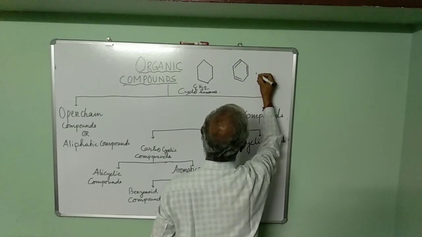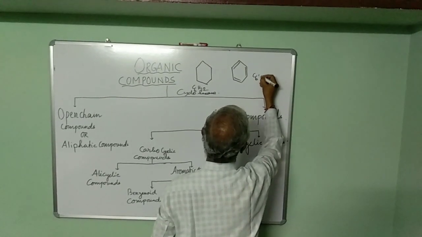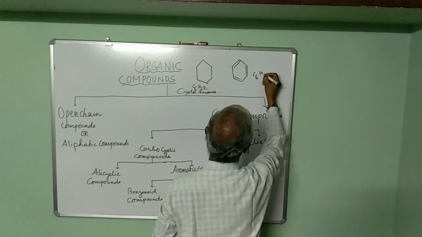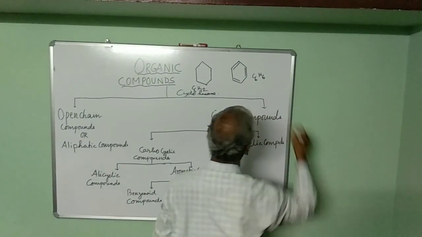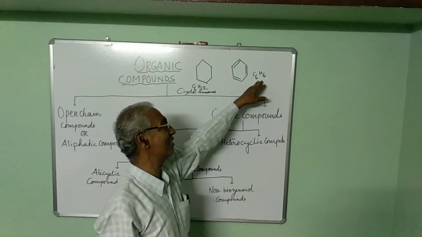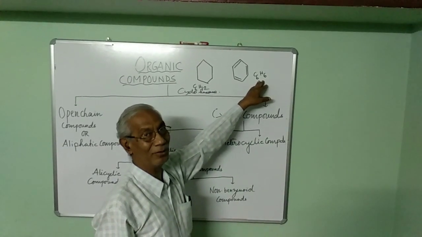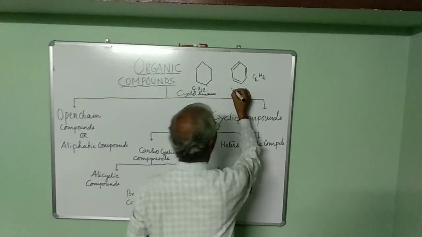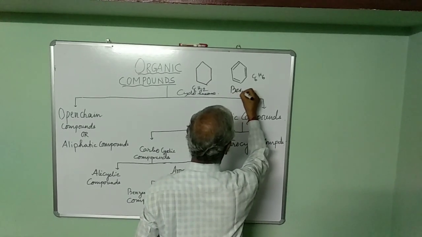So 6 corners, 6 carbons, with 6 corners, 6 hydrogens are there. Therefore, the formula of this compound will be C6H6. That will be benzene. The name is benzene.